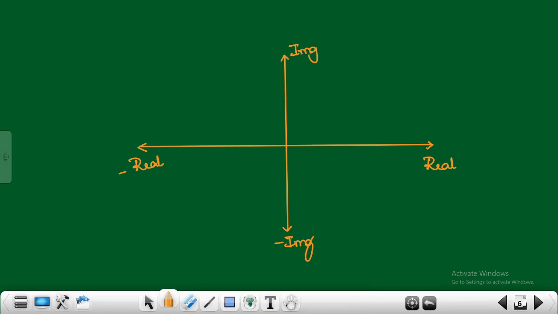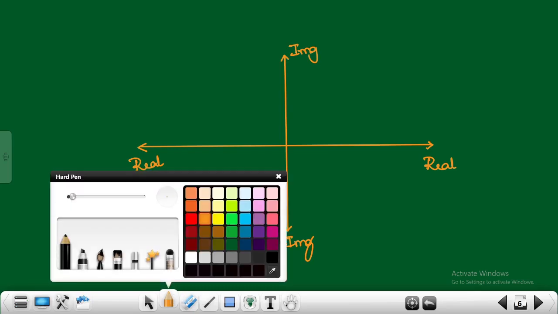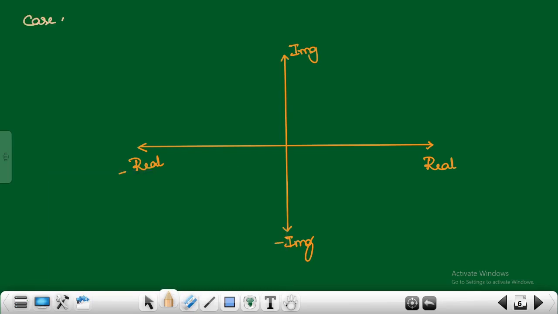So whenever the cases are considered, let us consider case 1. We have taken case 1 when zeta is equal to 0. When zeta is equal to 0, S1 is j omega n and S2 is minus j omega n.